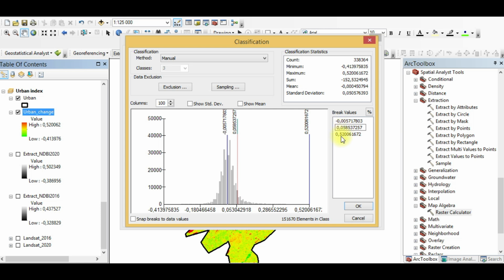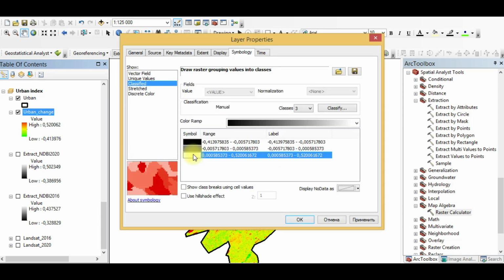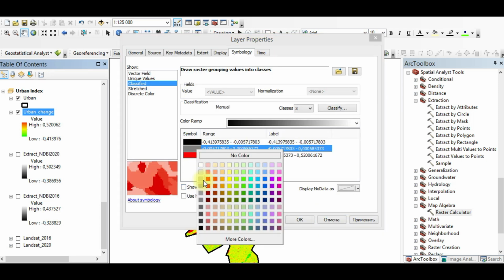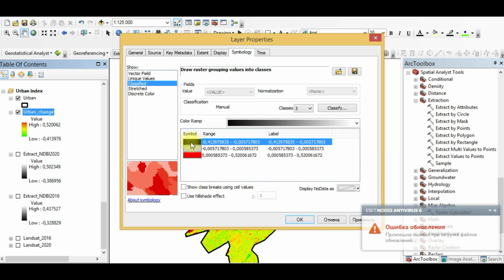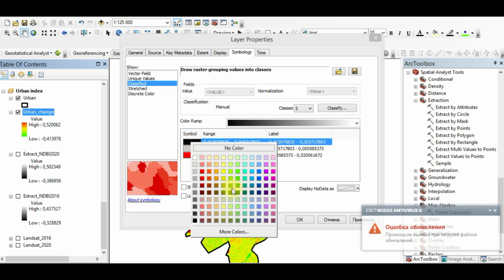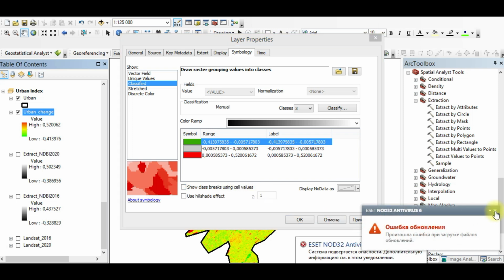This one is positive, so it's above 0. It means that if we subtract one from another, it is a surplus of urbanization. So we can click the red one here. This one, let's keep neutral, gray, and this one is decrease of urbanization.